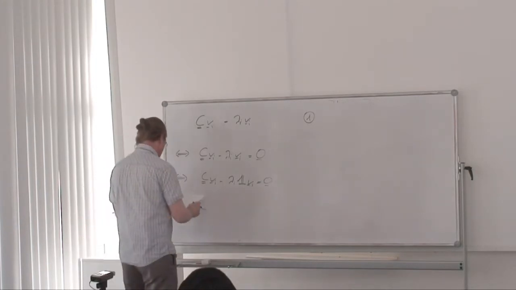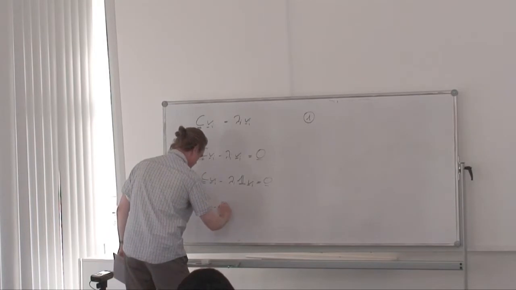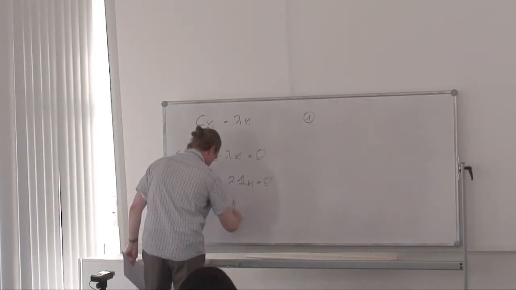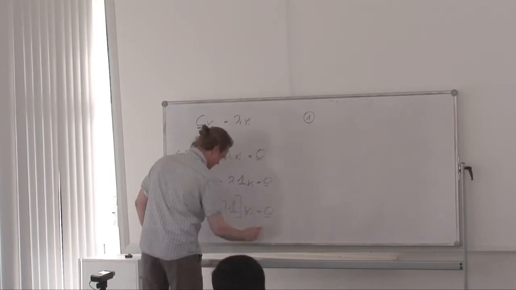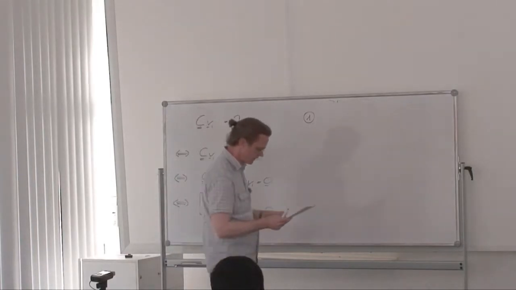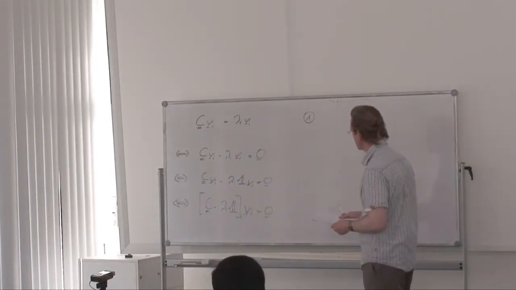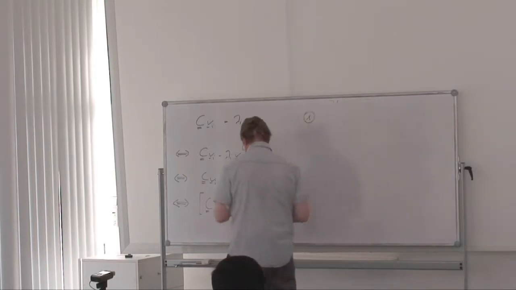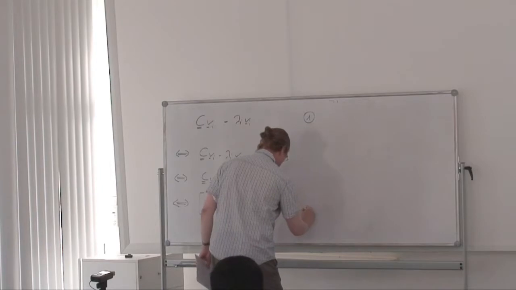This is to say that the matrix C minus lambda times the unit matrix, times vector Vi, gives the zero vector. And I will call this one 2.